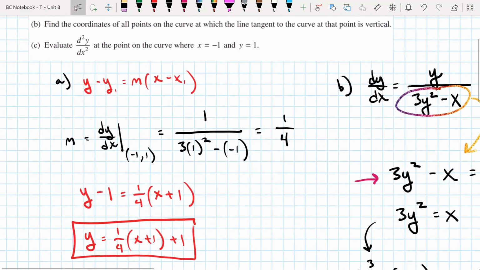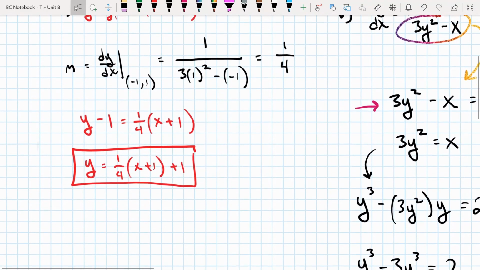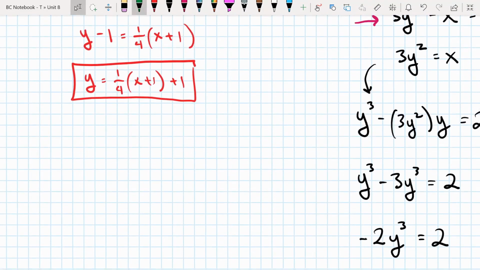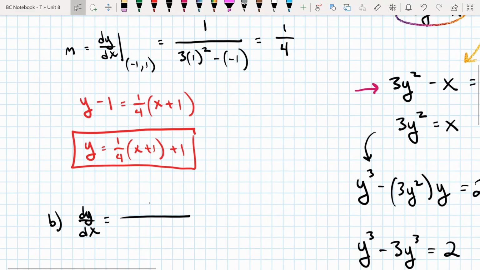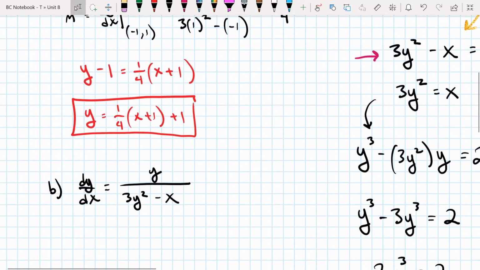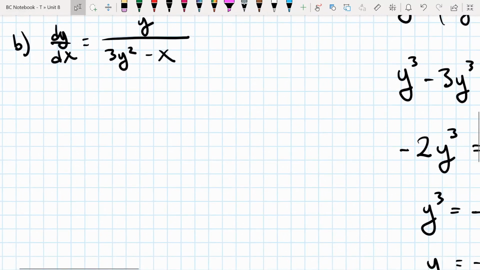Now to wrap up this question, we're going to evaluate the second derivative at x equals -1 and y equals 1. So part C. To find the second derivative, let's start with the derivative. We know the derivative is, let me just rewrite it, y over 3y squared minus x. Now to find the derivative of this, we're finding the derivative of the quotient of two functions, so we're going to use the quotient rule.